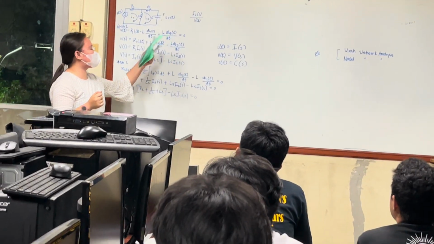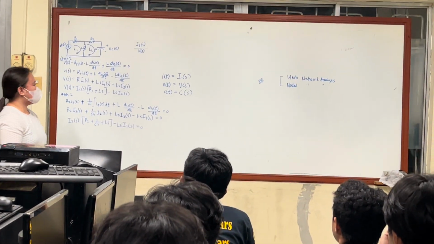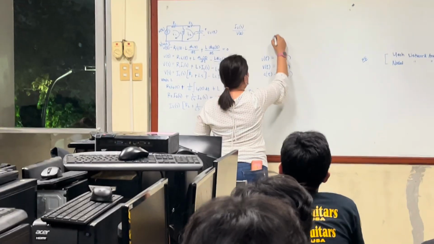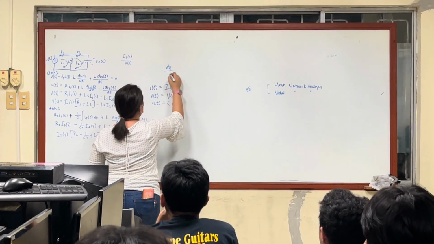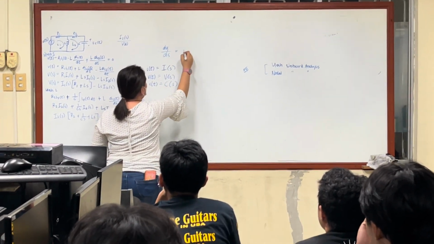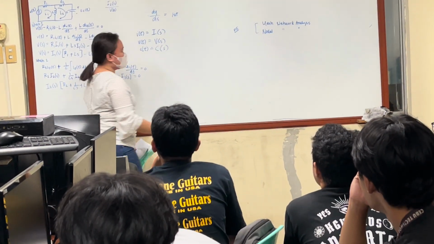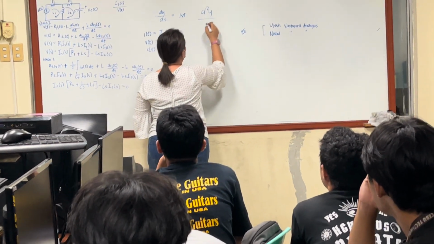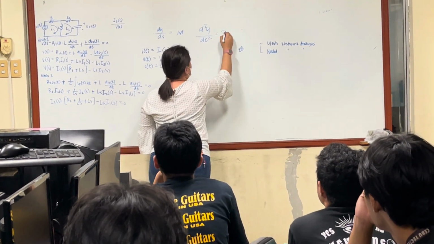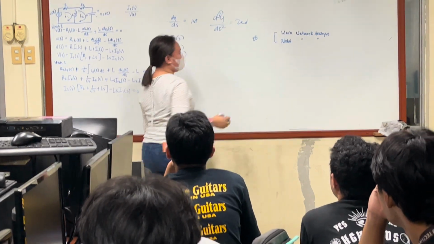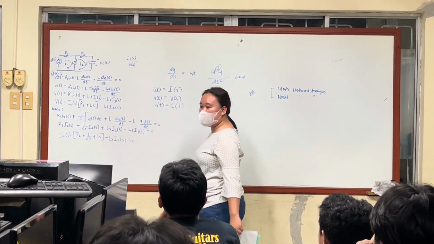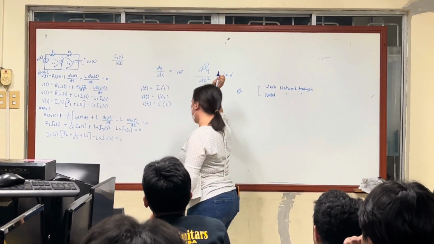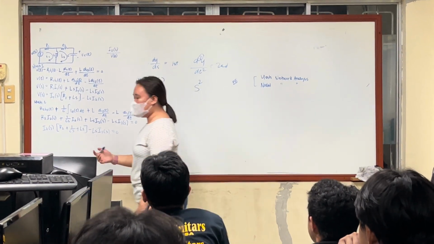But since this is first order, dy over dx, that's first order, the first derivative. If d squared y over dx squared, this is the second derivative, second order. For second order, it is S squared when transformed. Third order, cubed. Okay.